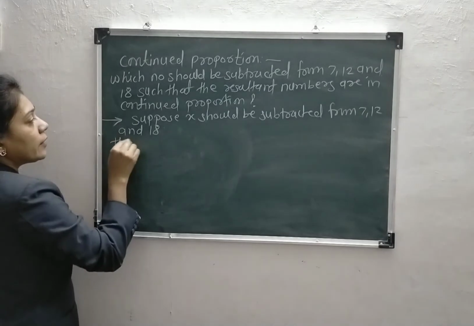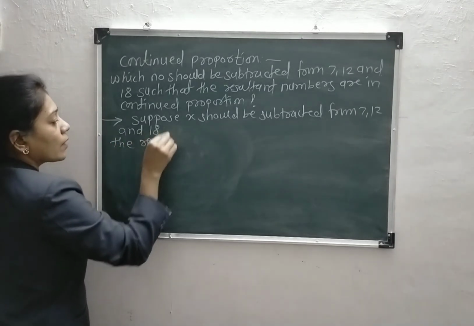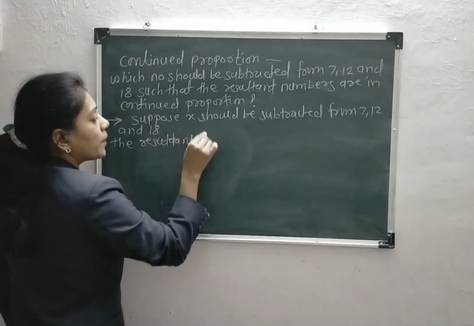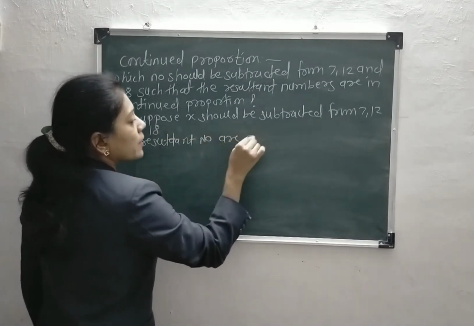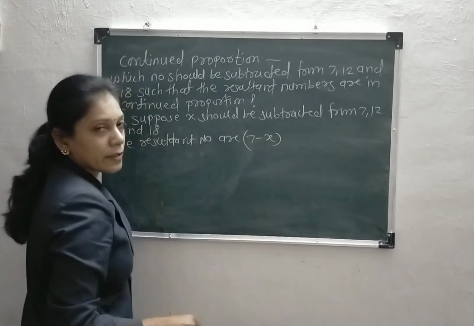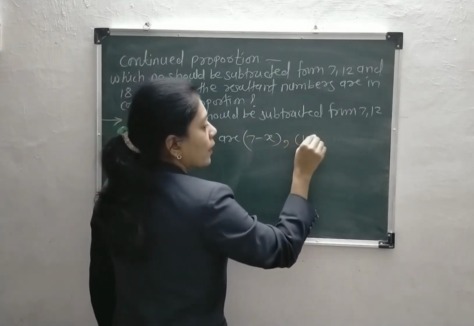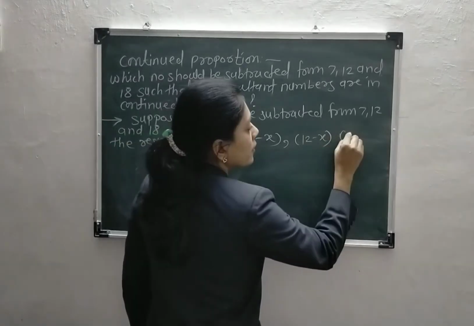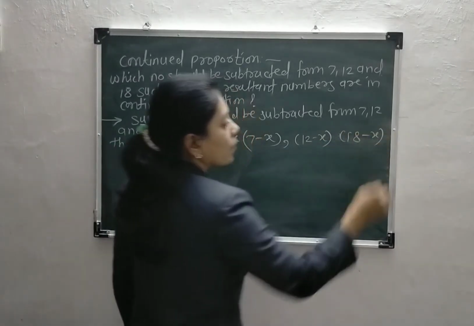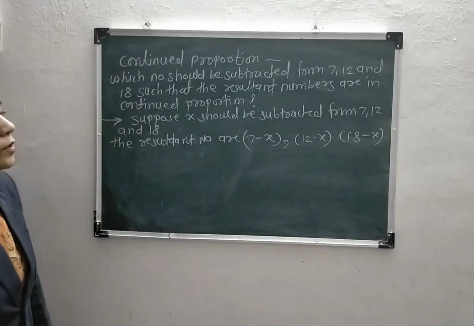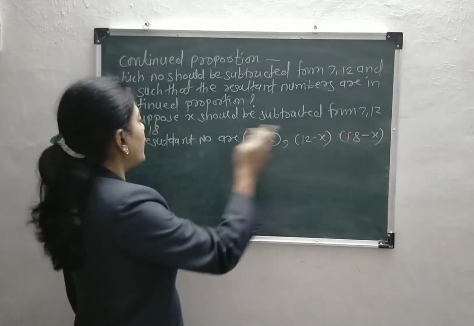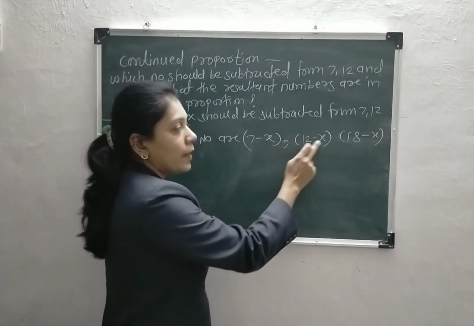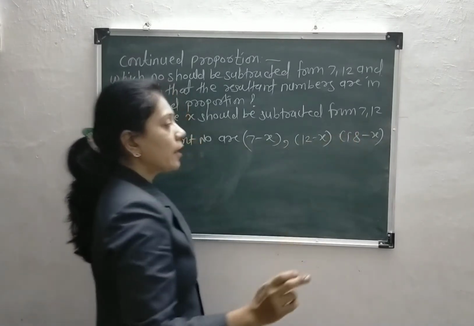The resultant numbers are 7 minus x, 12 minus x and 18 minus x.